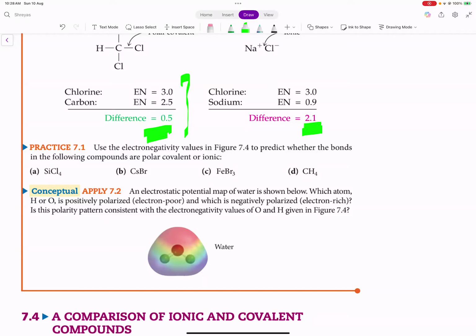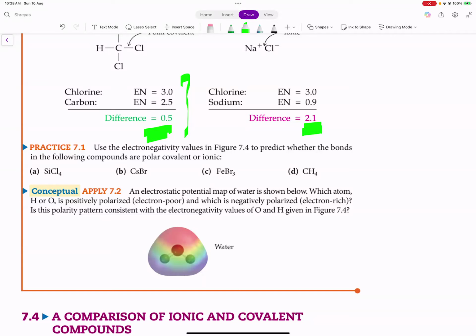The next one is also polar, and the last one is also polar. No, no, it's covalent. It's non-polar covalent. There are no poles getting developed, right? Because of that. You understood now? Got it?